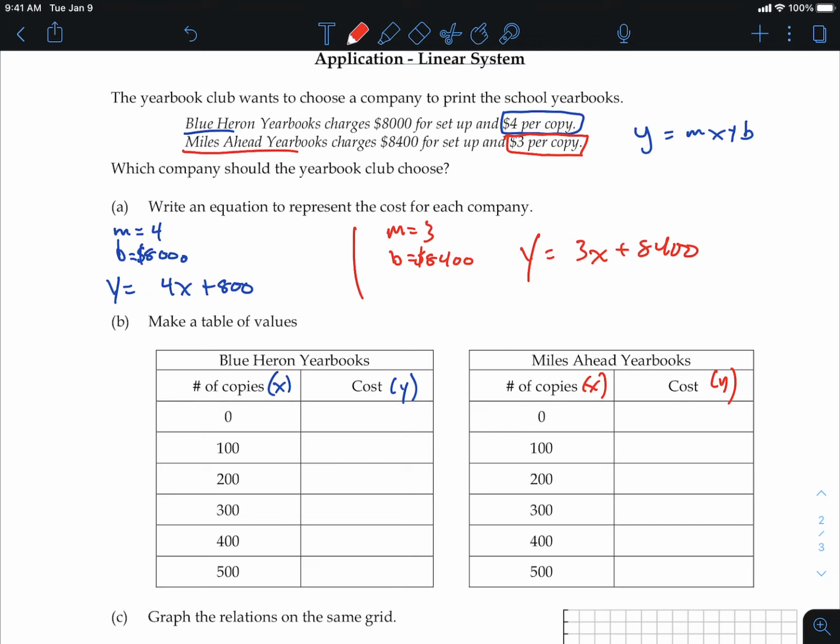What's the starting value for Blue Heron? $8,000, right? And then what happens? You plug in 100 each time, because you're ordering in bundles of 100.